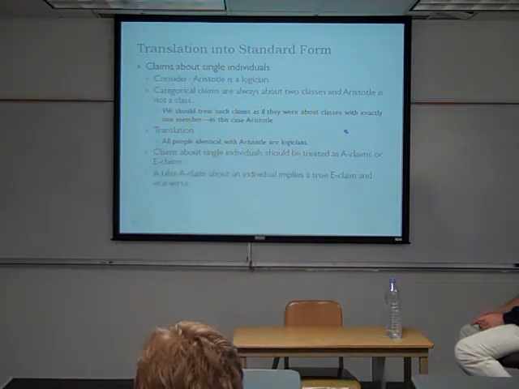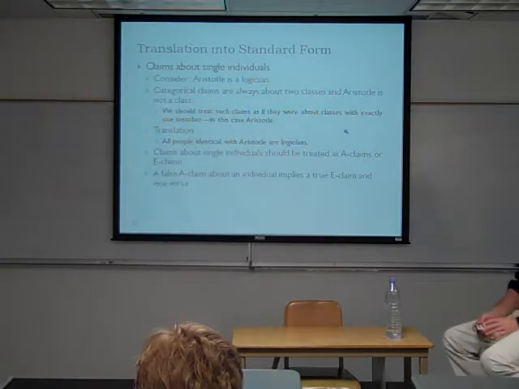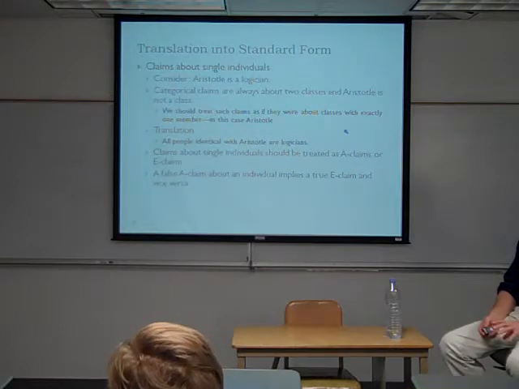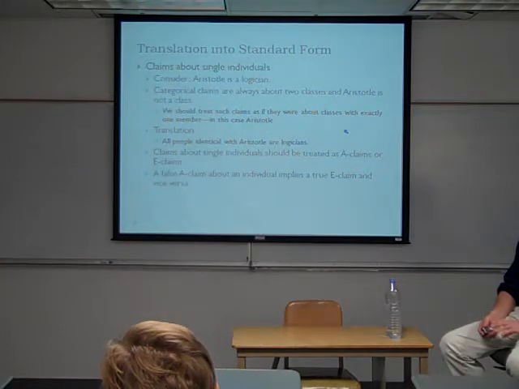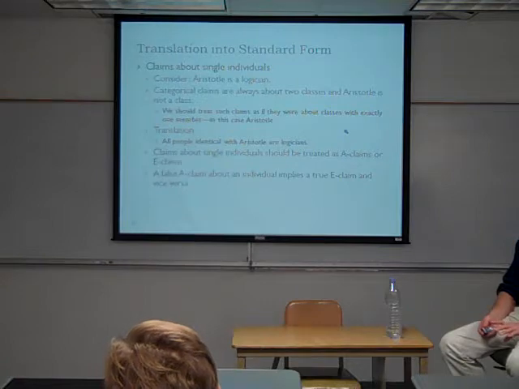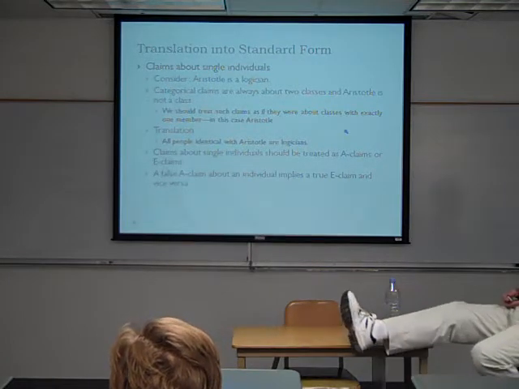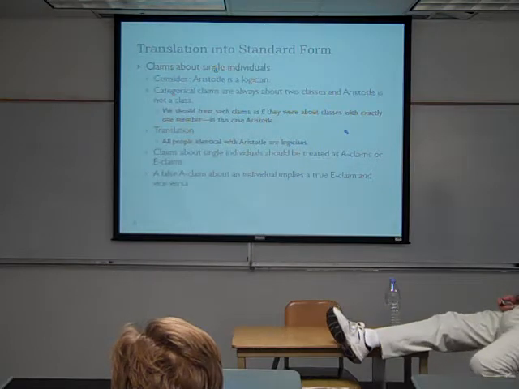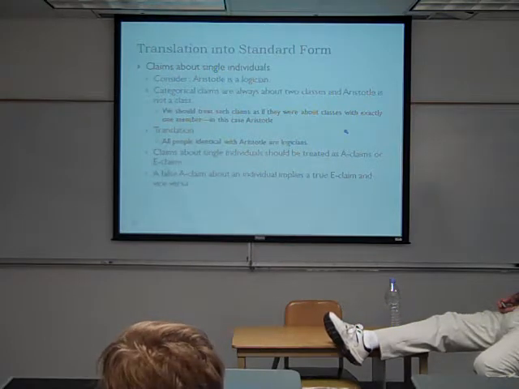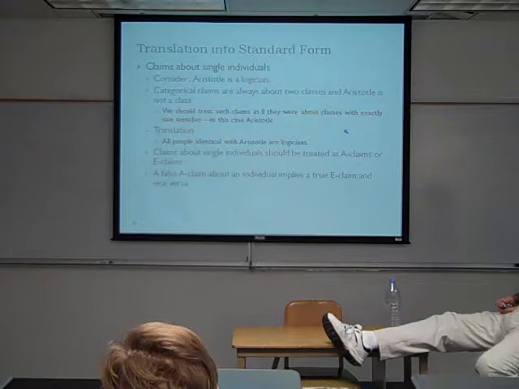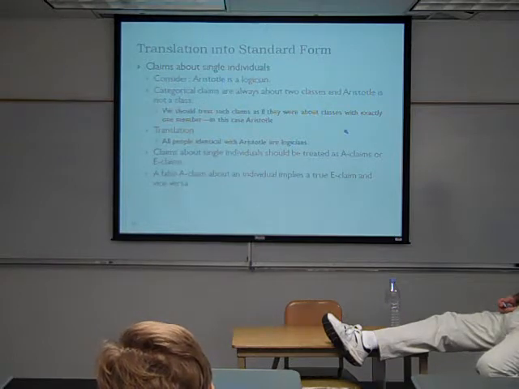Now, a false A claim about an individual implies a true E claim, and vice versa. So if we say all people identical with Kaylin are not liars, and we say that's true, then the A claim that all people identical with Kaylin are liars is going to be false.